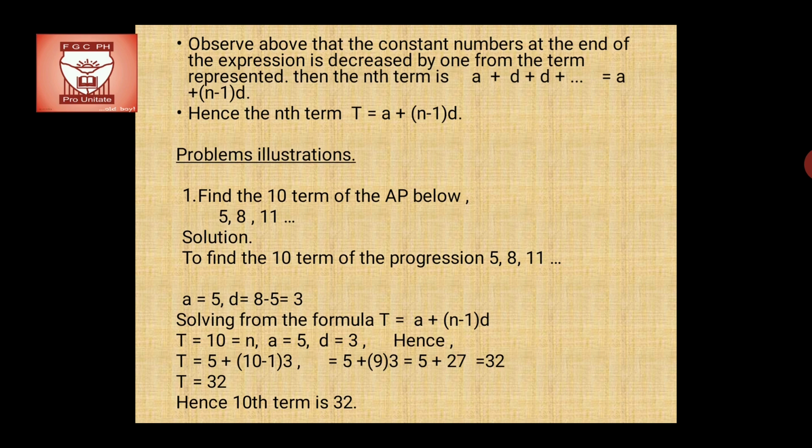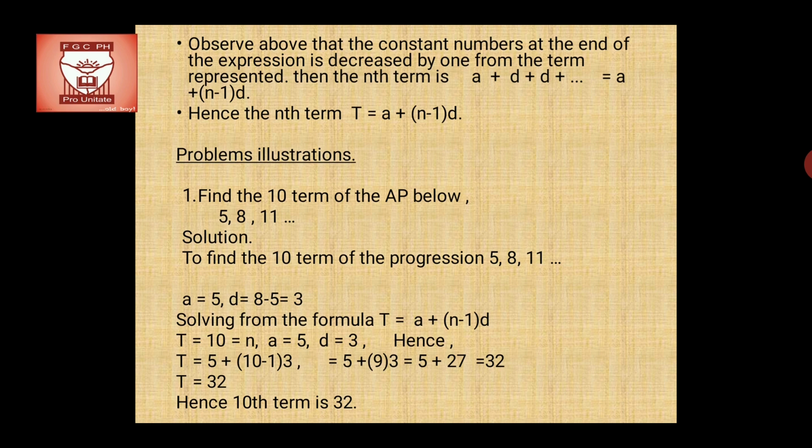Then, the nth term can be expressed as A plus (n minus 1) D. Hence, we can conclude that the formula to find any given term of an arithmetic progression is given as follows.